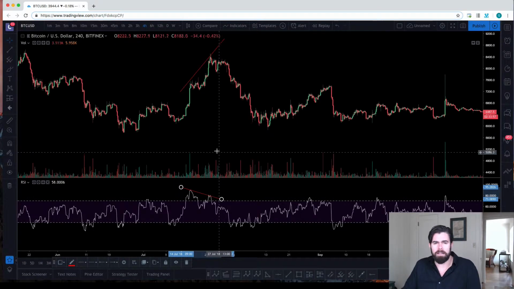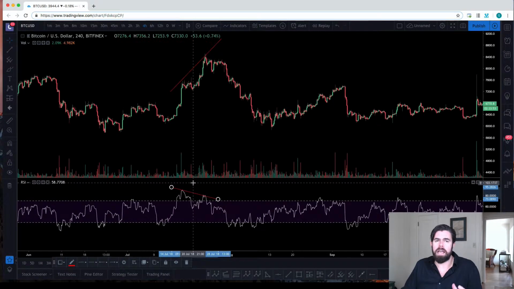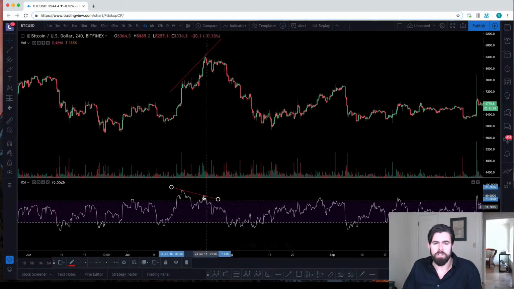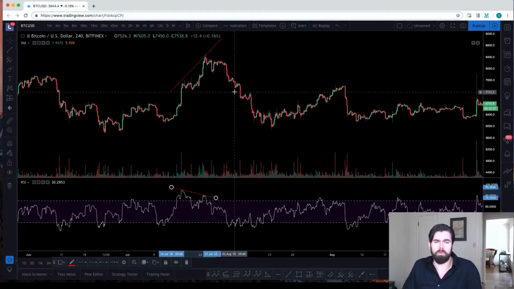Now, when I see something like this, I trade with this a lot, and it works once again with other indicators, with other strategies, finding confluence in your actual trades themselves. But when you start to see some bearish or bullish divergences, that is something that I immediately take a look at, and I know at some point there's going to be some kind of pullback or retracement.